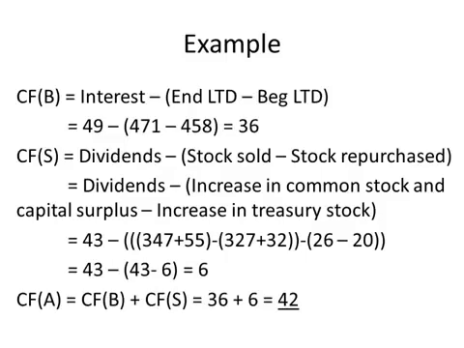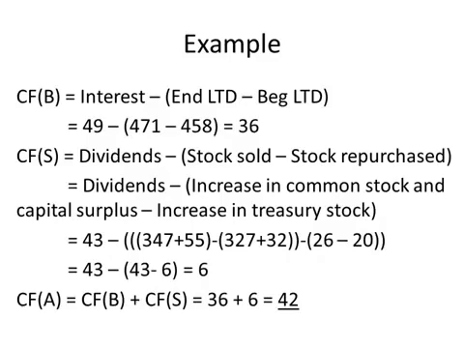Next we're going to look at the cash flow to shareholders. Dividends represent a cash flow to shareholders in the same way that interest represents a cash flow to creditors. Then we subtract out the net new stock sold, and that's stock sold minus stock repurchased.